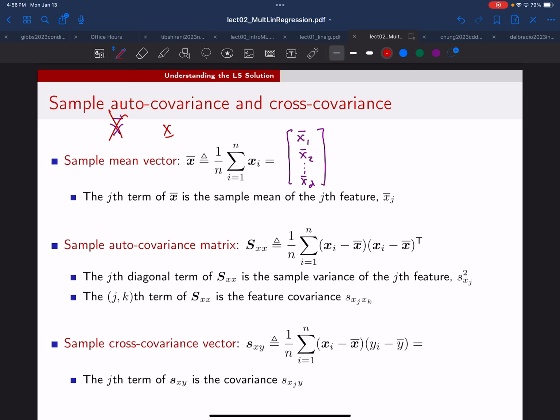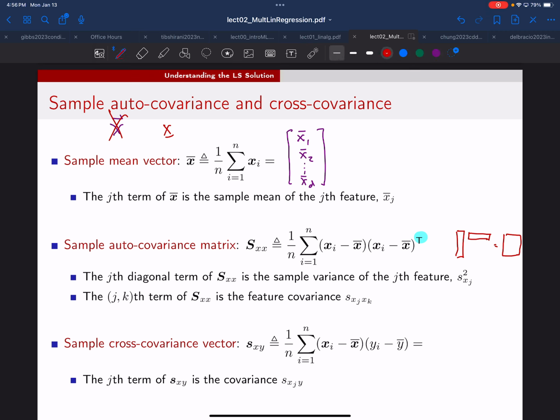We can do something similar with the variance, looking at the variance of a vector, roughly speaking. So you take x_i minus its mean, x_i minus its mean again, but here, in order to make a valid matrix multiply, we have to transpose it. We have a column vector times a row vector. When we do that outer product, we get an entire matrix full of different quantities.